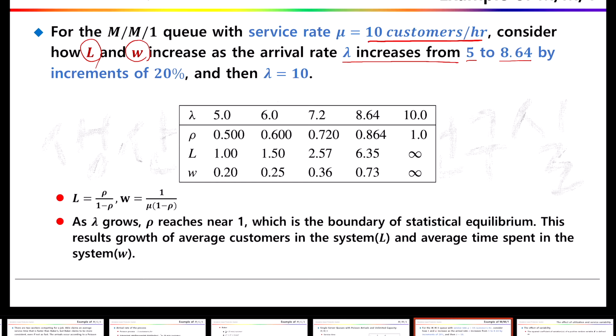It means by increments of 20% from 5, 6, 7.2 and 8.64, and then finally goes to 10. Then we can use these two formulas.